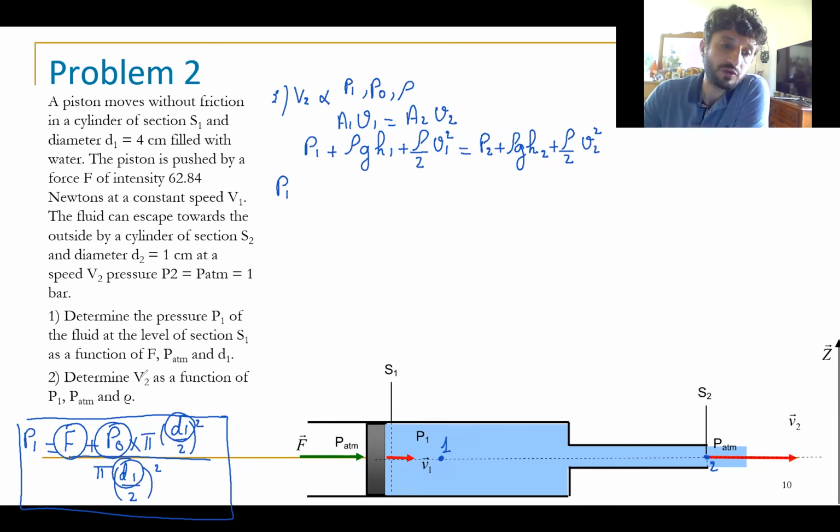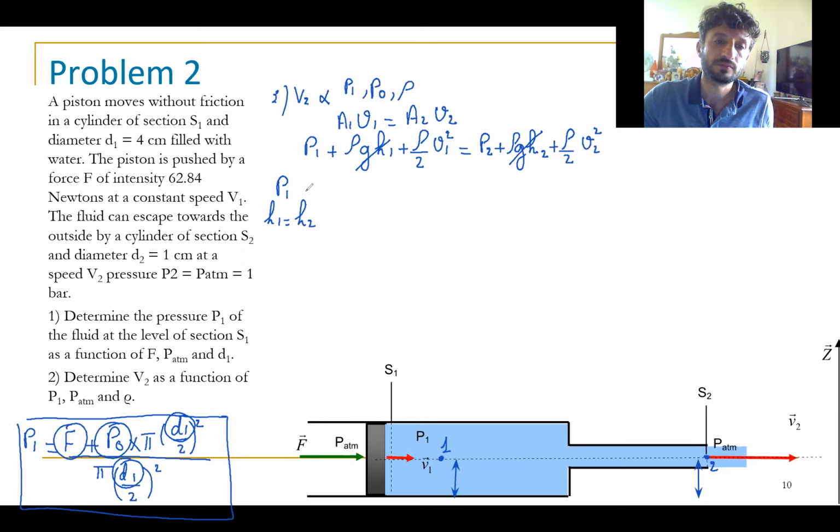I want to calculate V2, so I don't need to replace P1 by its value. We have H1 equals H2, they have the same height, so rho g h1 equals rho g h2.